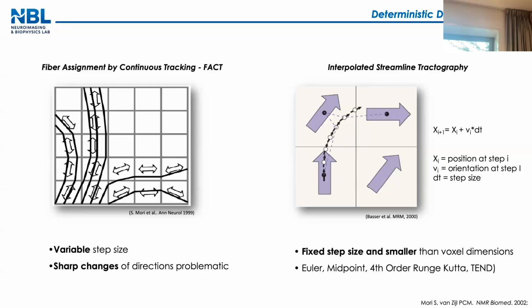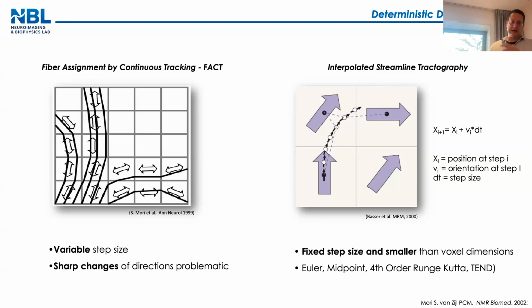The problem with that is the step size was different every time. So sometimes you can go a very long step, sometimes just a little bit. And also you can just have a big branching just because you just miss the border on one voxel and you go into another. So it was very spiky, very noisy looking, the tractography, but it was one of the first.